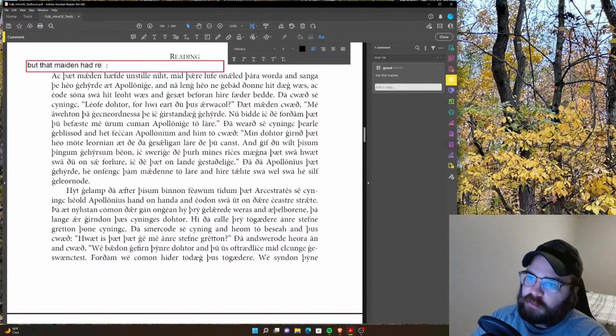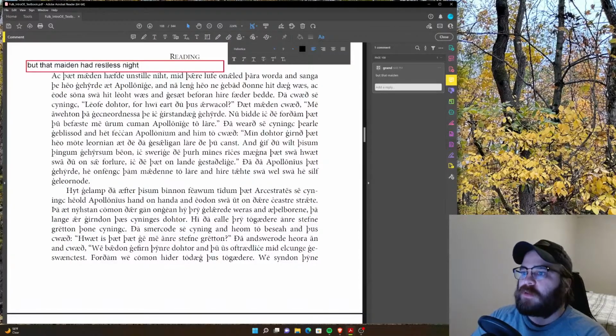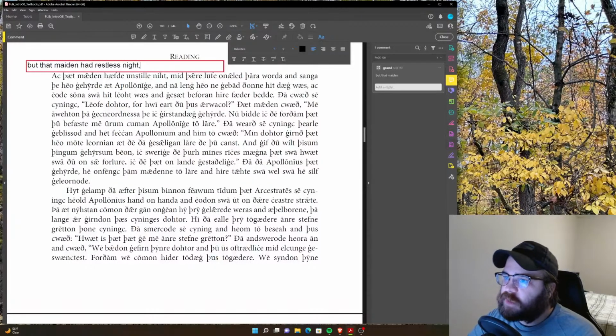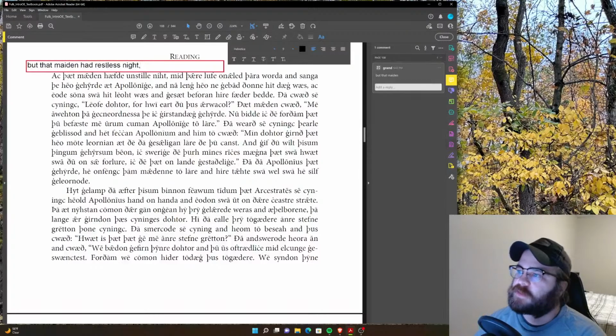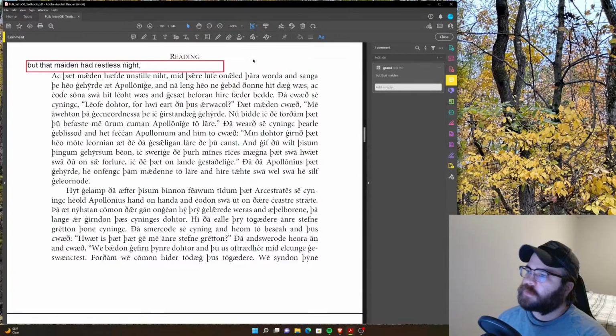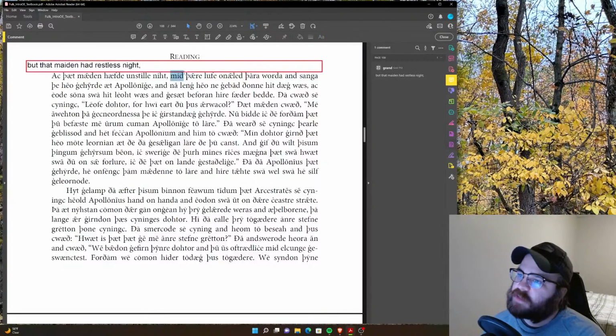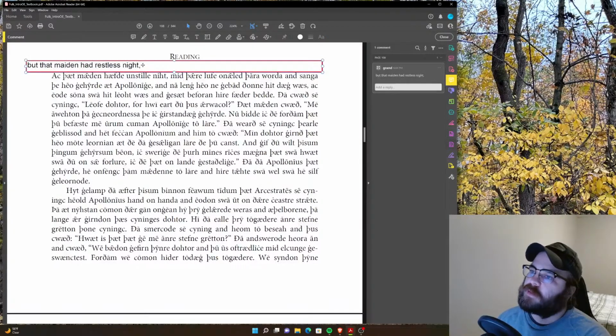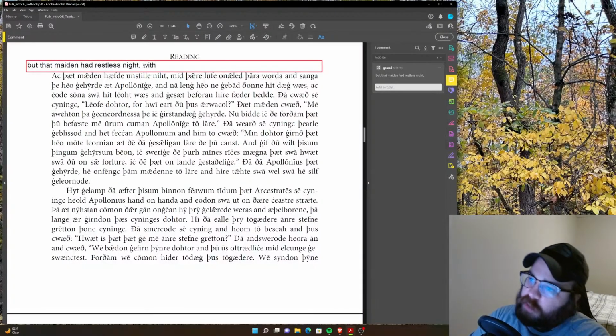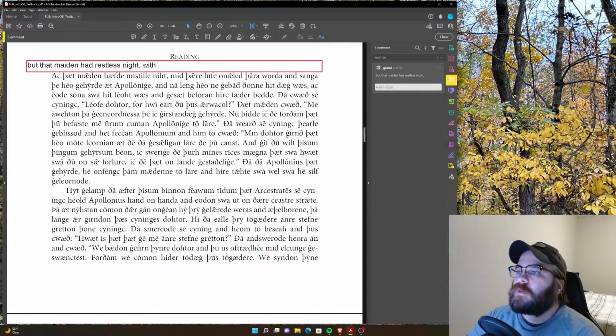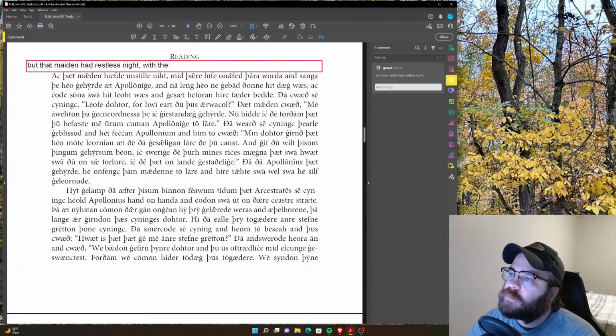And I know I'm saying I assume, but honestly, Old English is much closer to modern English than many people give it credit for being, and assumptions can really get you a long way. Unless you look at this word right here, mid, because that is a false friend. That is not mid. That is with. With the love.